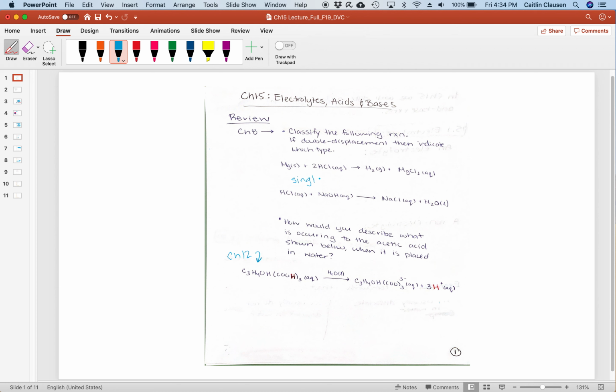It's just the single magnesium takes the spot of the hydrogen in this reaction. The second reaction was a double displacement, where the pairs of molecules swapped partners, and this was specifically called an acid-base neutralization reaction.